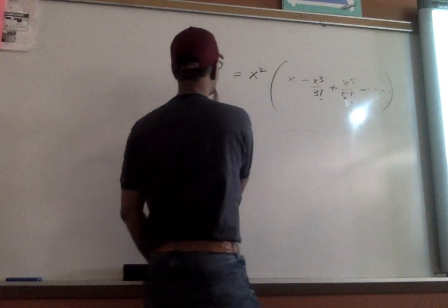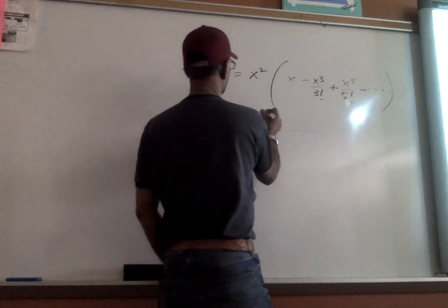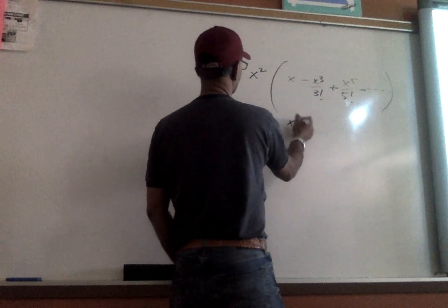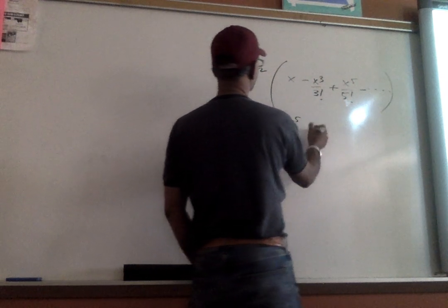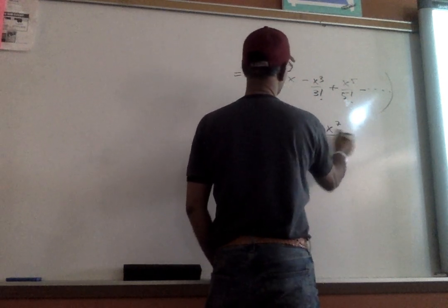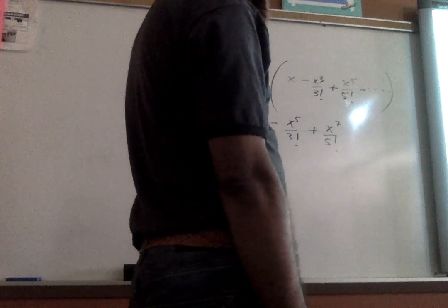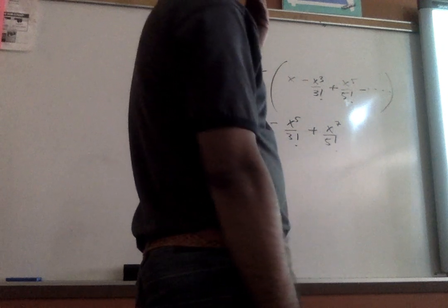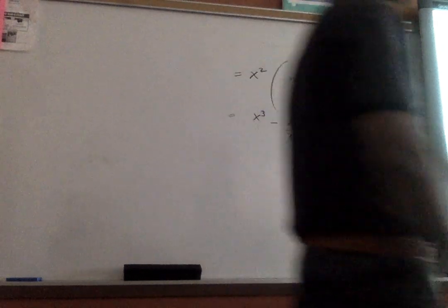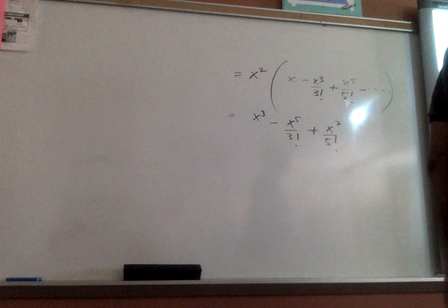So the first term is really x cubed, minus x to the fifth over 3 factorial plus x to the seventh over 5 factorial. Okay, you got the hang of the pattern. Is the answer C? Again, please work the problem. Do not look at the choices.